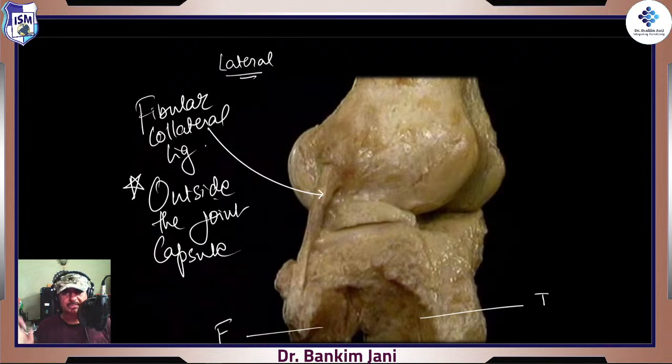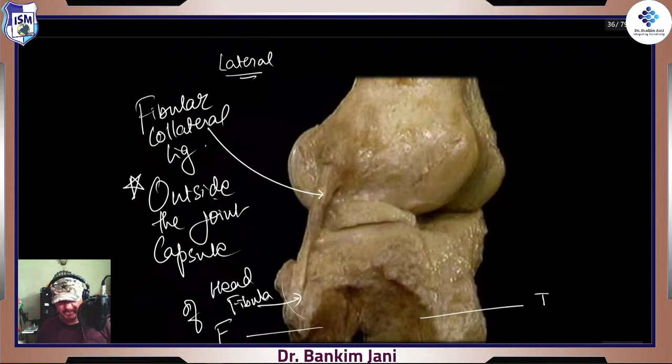Rest all is easy, right? Where exactly is this fibular collateral ligament attached? Simple, because this area we described is the head, so it is attached on the head of the fibula, right? Where exactly is it attached on the femur? Well, it is like the lateral epicondyle, right? It is just below that.